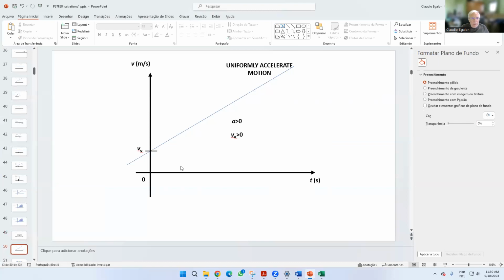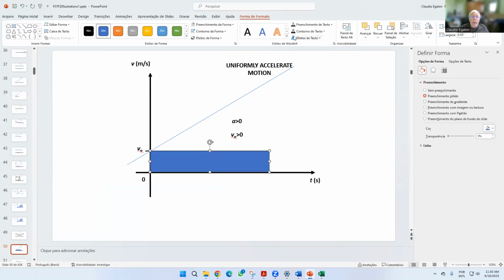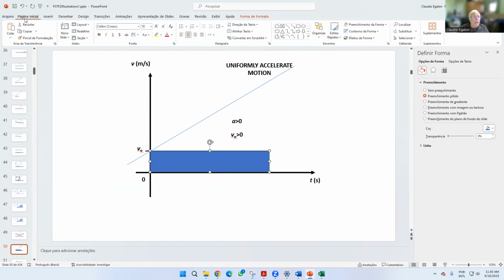Nope, not this one. The area, again, just like the other one, the area below this line is nothing but, I'm going to fill it up. Here you go. Area. And then I'm going to add a triangle now.